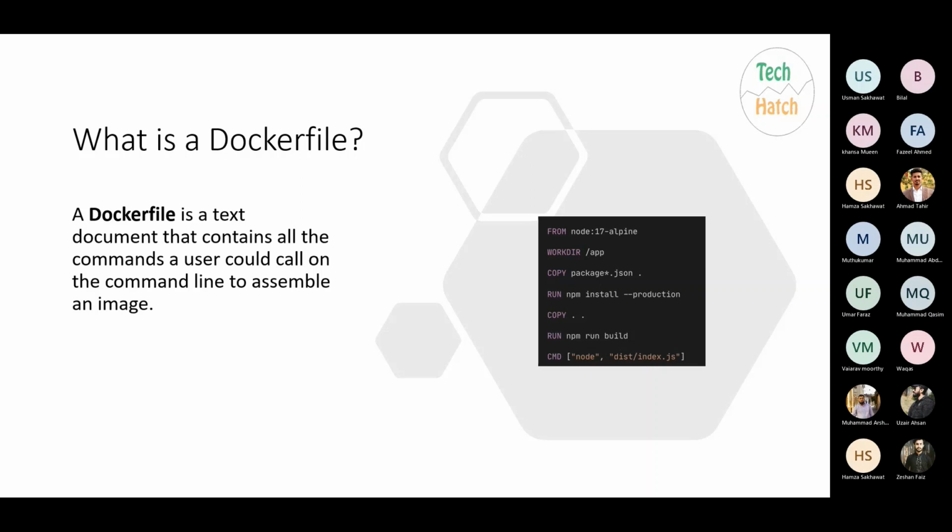Then we have a COPY instruction, then a RUN instruction, and then another COPY instruction, and a couple of instructions more. By using this Dockerfile, you can easily create your own image. By seeing this example, it's very easy to understand how the Dockerfile is created and how our images will be created from this type of Dockerfile.